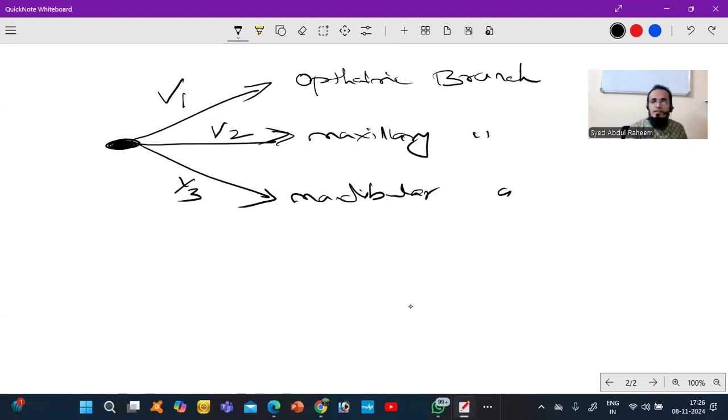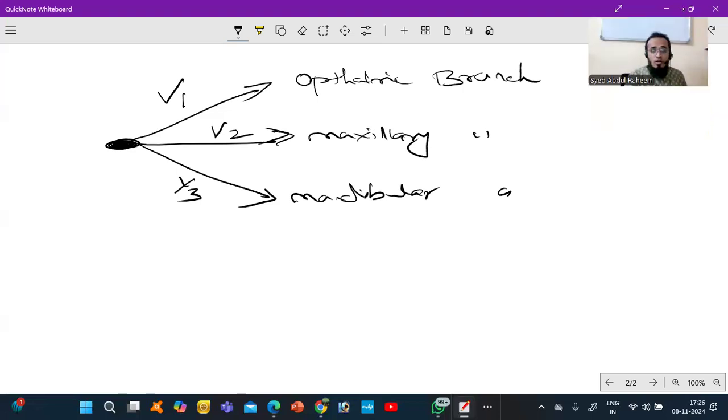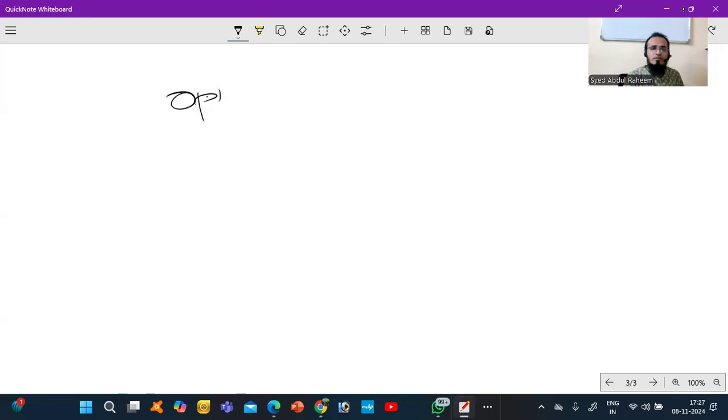So, which branch is affected? Or sometimes, if it is chronic, all three branches are affected. Sometimes two branches are affected. Sometimes only one branch is affected. So, if the ophthalmic branch is affected, what are the symptoms?